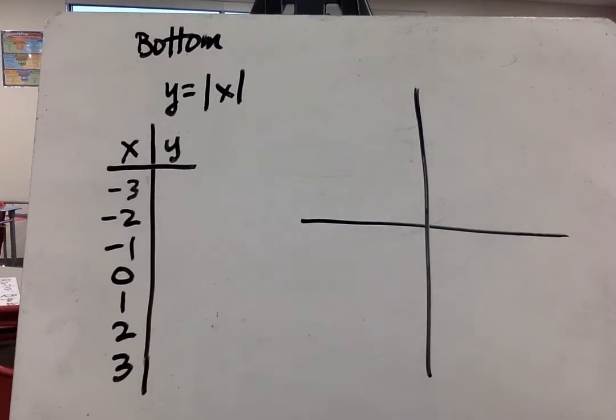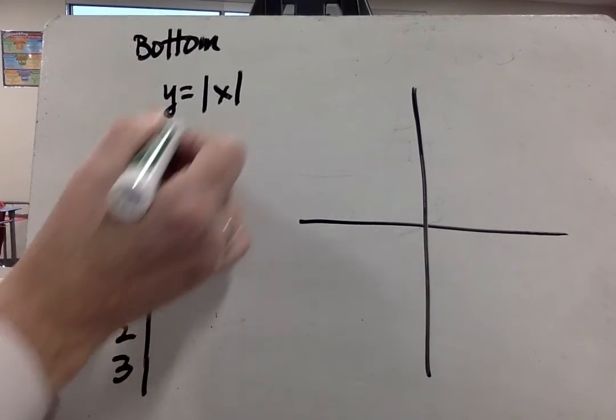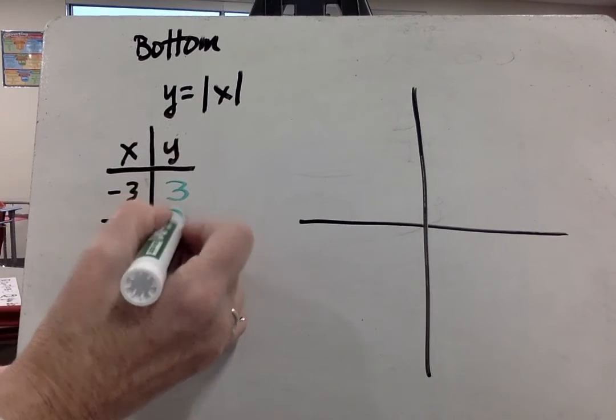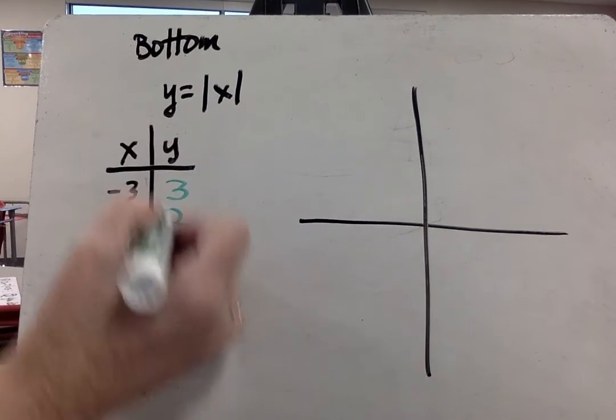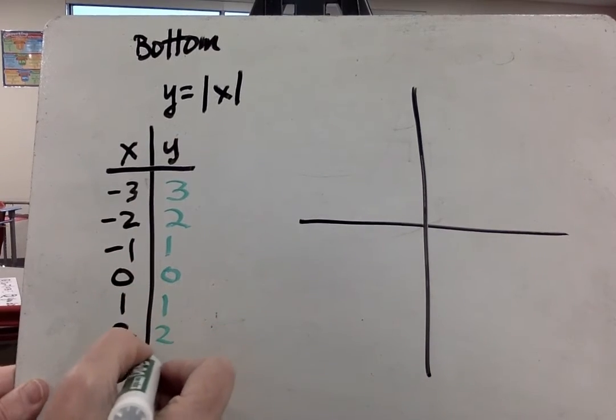At the bottom, all we're doing here is finding x and y values and plotting the points on the graph. Negative 3 absolute value is 3. Negative 2 absolute value is 2. Negative 1, 1, 0, 0, 1, 2, 3.